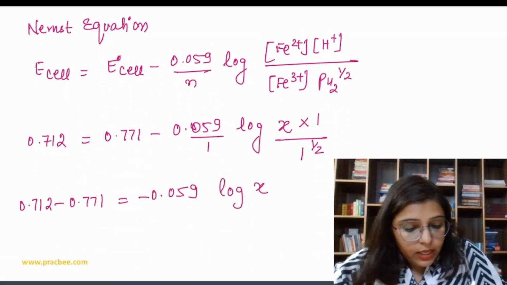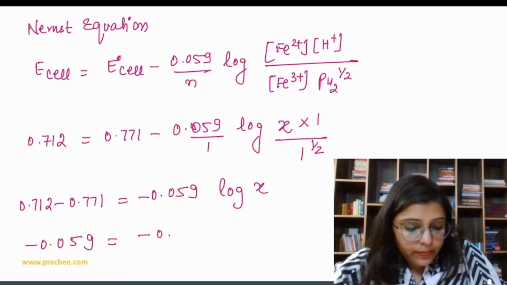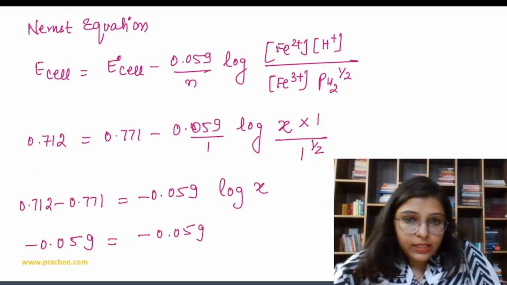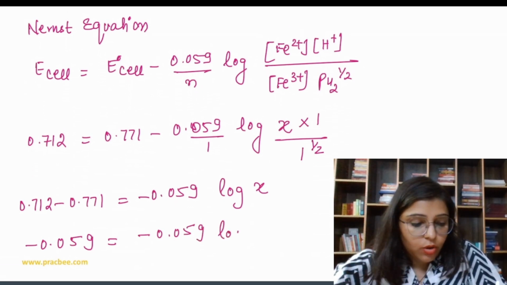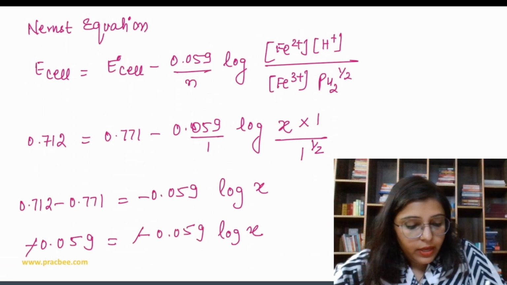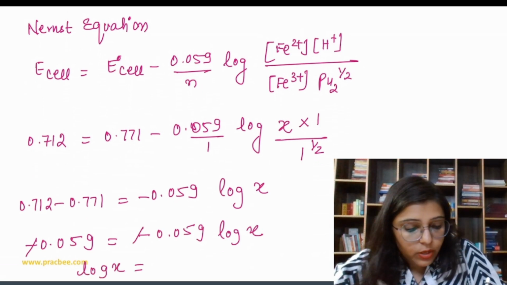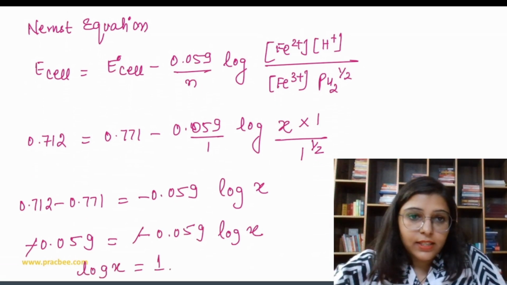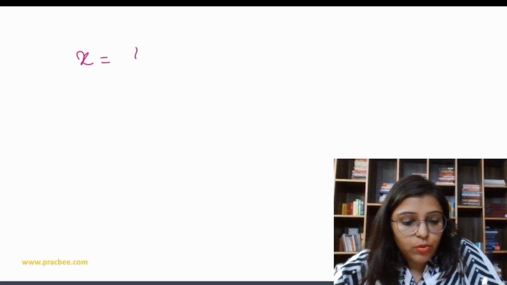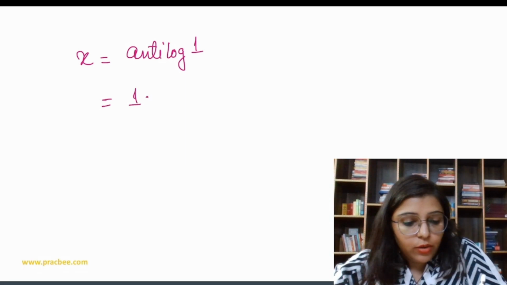So on solving, here we get minus 0.059 is equal to minus 0.059 log X, and we get log X is equal to 1. So if log X is equal to 1, X is equal to anti-log of 1. Anti-log of 1 means 10 to the power 1. So the answer is 10.